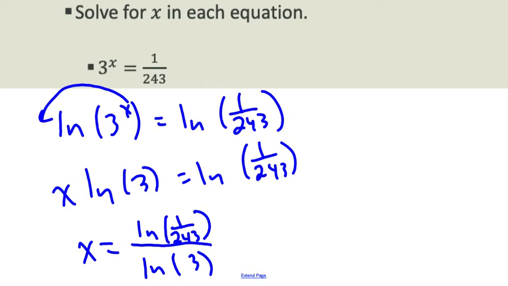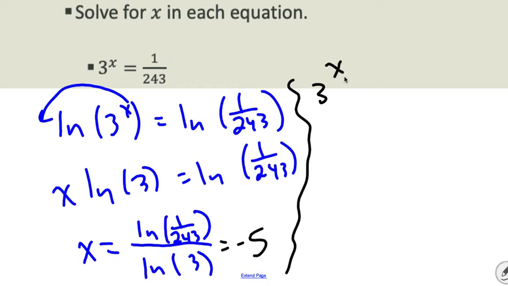Okay, you can just plug ln of 1 divided by 243 and divide that by ln of 3, and your calculator will give you -5 for the answer. So I don't know if this is something you guys covered in pre-calc or not, but this answer here is -5. Well, how do we get that?